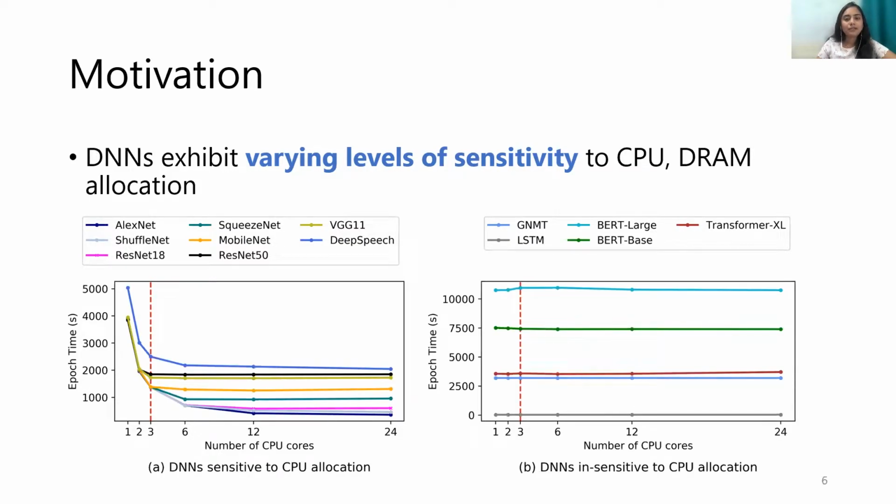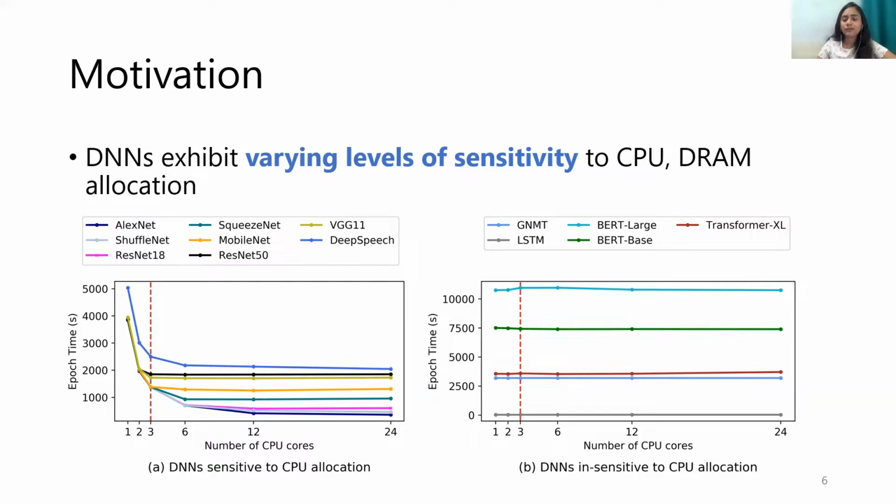On the left, you see jobs that are sensitive to CPU allocation because they perform heavy pre-processing. So as you increase the number of CPUs that are allocated to them, their epoch time reduces. But for the models on the right, CPU allocation really doesn't matter much. They are insensitive to the number of CPU cores that are allocated to them.